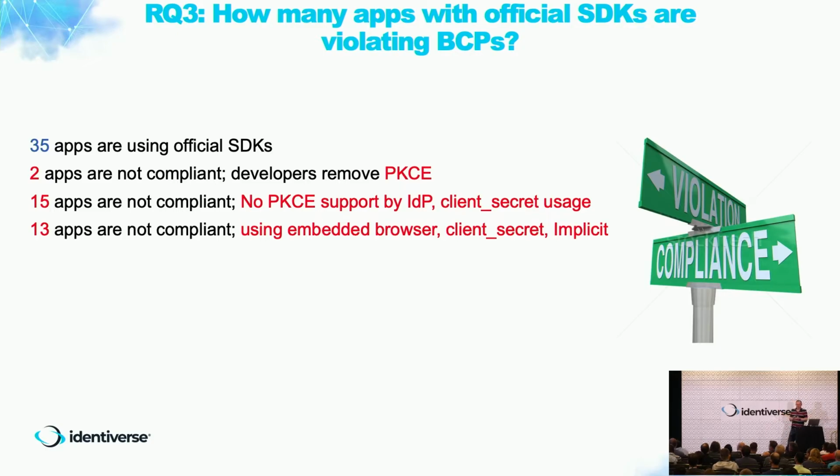You hope they had their reasons, but I don't know what they were. 15 apps weren't compliant because the IDP, the actual authorization server, didn't support PKCE, so there's not much the apps can do when that's the case, unfortunately, or because the apps were using client secrets. And there are another 13 that weren't compliant because they were using an embedded browser and they were just using the implicit flow.